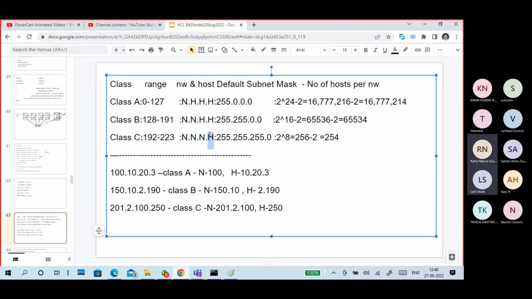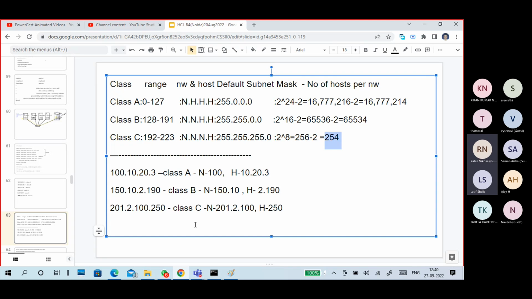And what is this host portion part? If you take any class C IP address in this range, you will get only one single octet. This last octet is the host part. Octet means 8 bits, 2 to the power of 8 minus 2, you will get 254.